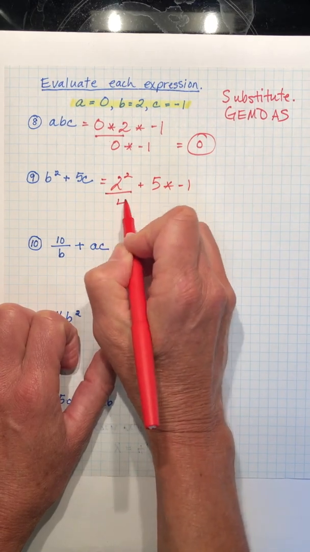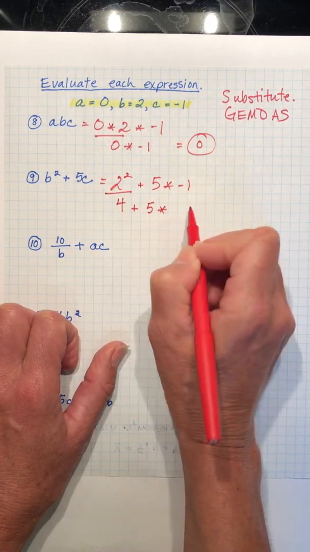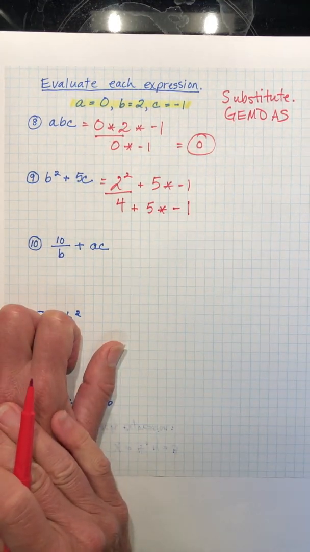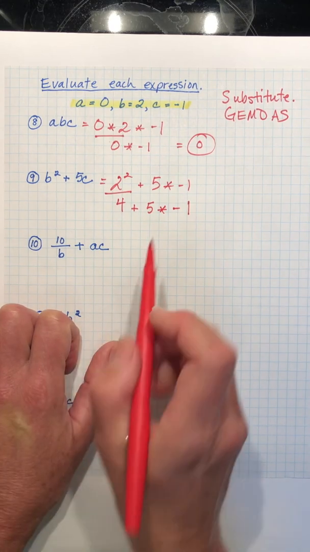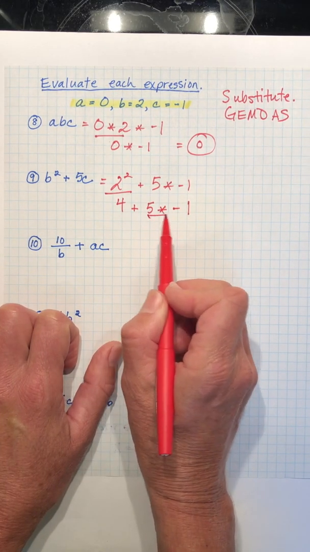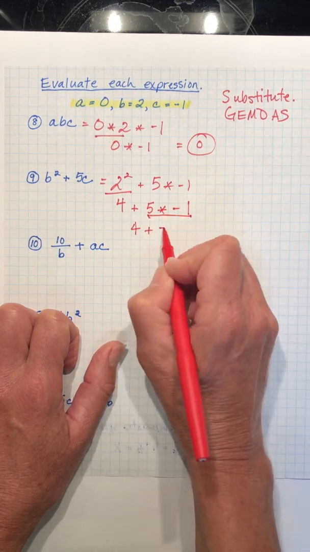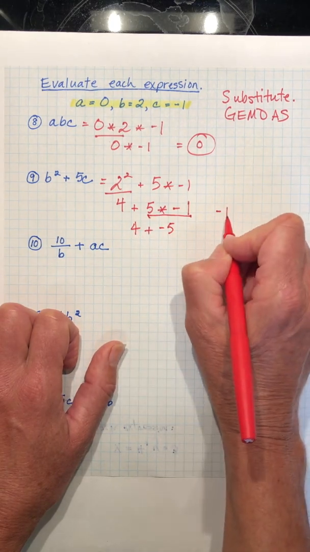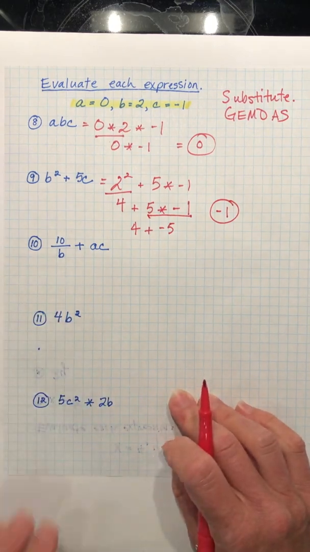So this will be 4 plus 5 times -1. What comes next? It's the multiplication. So it's 4 plus -5, and 4 plus -5 is -1. All right, 3 more.